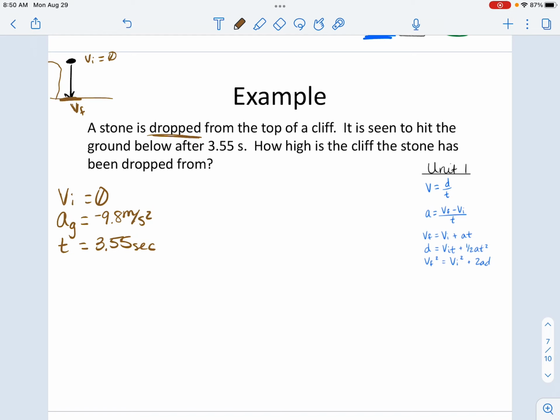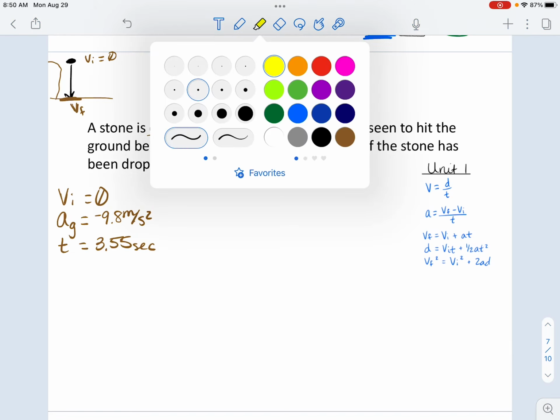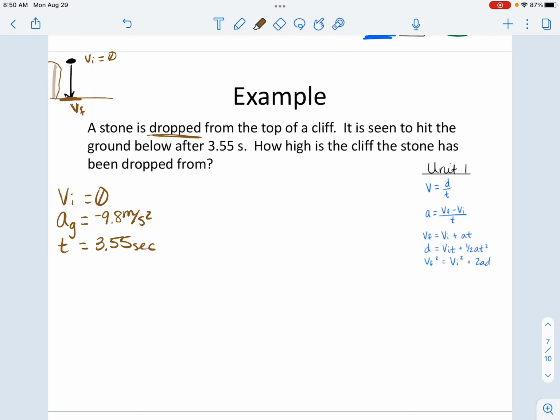How high is the cliff that the stone has been dropped from? So they are asking us to identify what this displacement or this height is. And so for this question, we are looking for that vertical position. It's going to be the letter D in our equation, even though the question says how high. But here is our unknown variable.